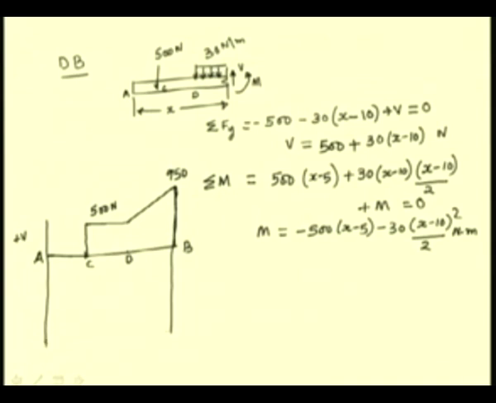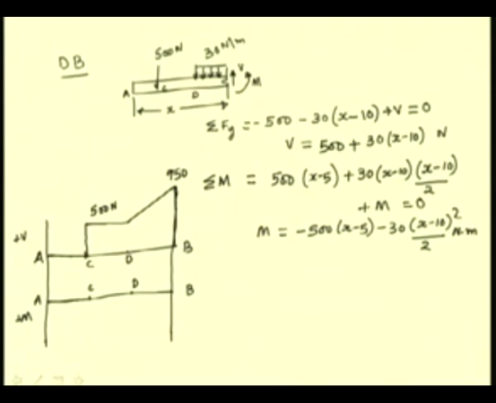Let us draw the bending moment diagram, to some scale. We have already seen for the section AC, we have the bending moment to be 0.